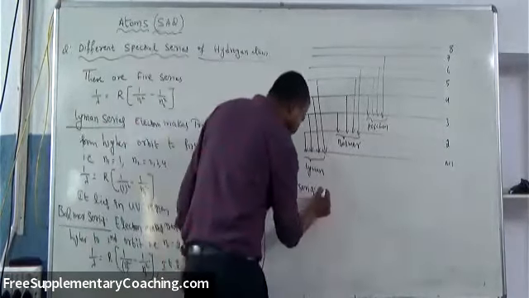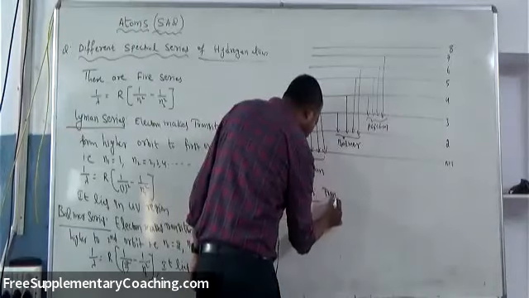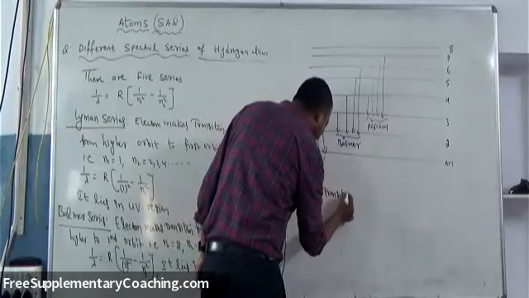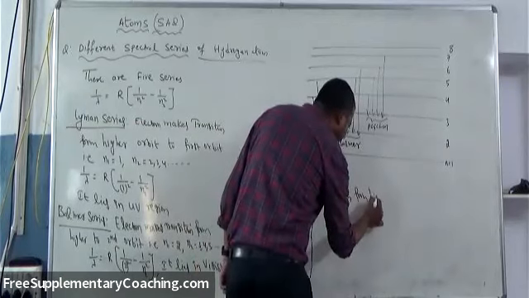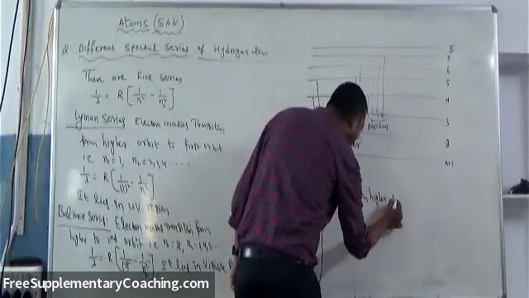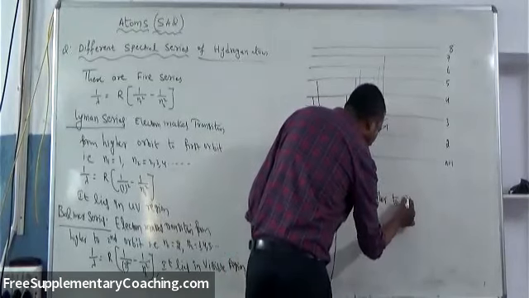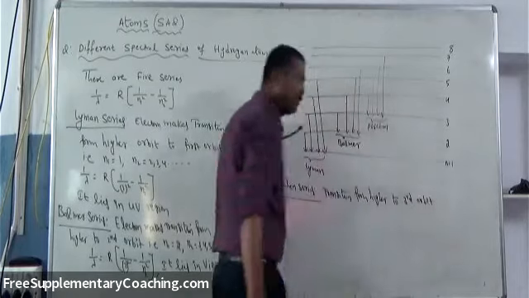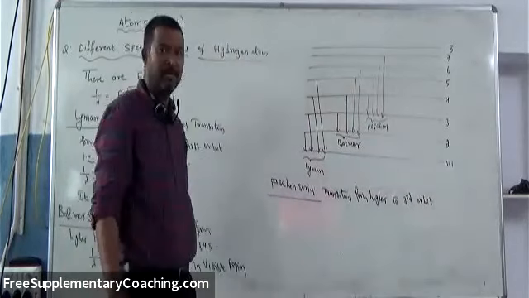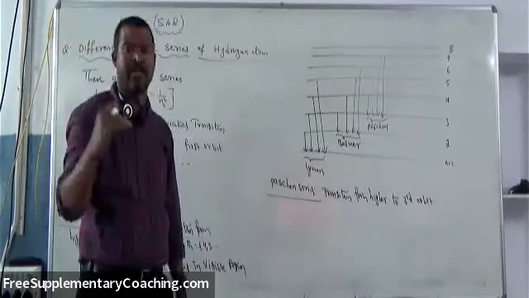So transition from where to where? Tell me, electron transition from higher to third orbit. That means greater than 3 to 3.